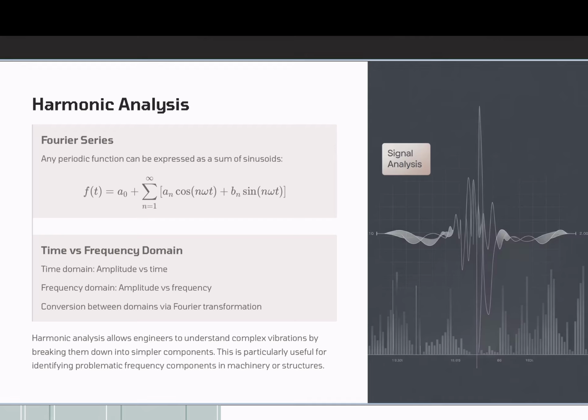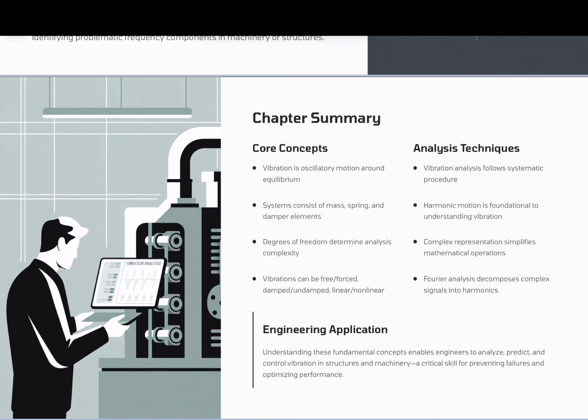Why does it matter? Because it's useful for engineers, it helps identify the problematic frequency in machines or structures. For example, if a machine vibrates strongly at the natural frequency, harmonic analysis will reveal the peak clearly in the frequency spectrum. Okay, now let's wrap up this chapter with a quick summary of the key concepts we have learned.